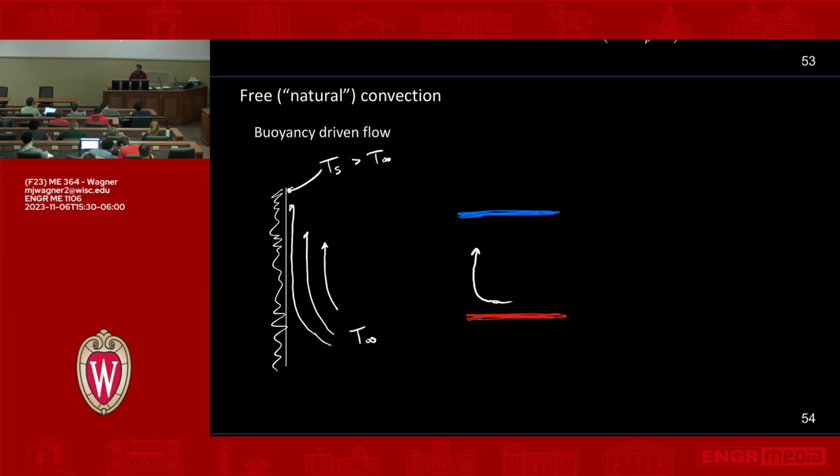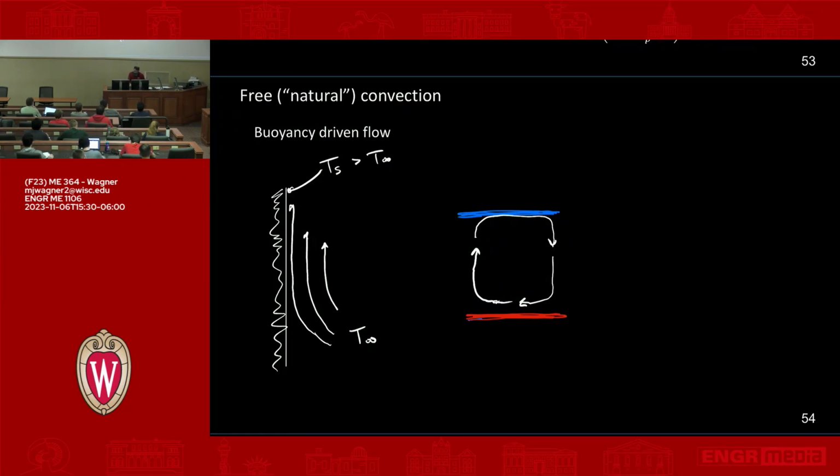The air goes up, it hits the cool plate, maybe it cools off a little bit, and then it starts circulating down. So you can get these circulating natural convection currents if you have a situation where you have something hot and then a cold thing above it. Right? Think of the Earth, our atmosphere sort of works this way.